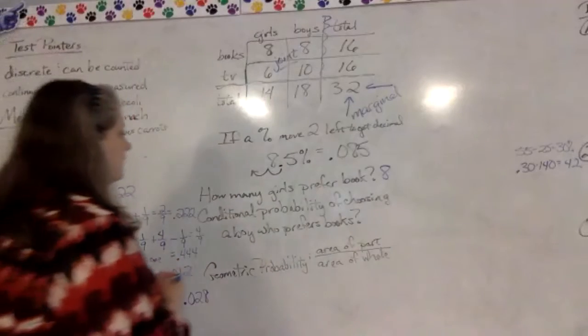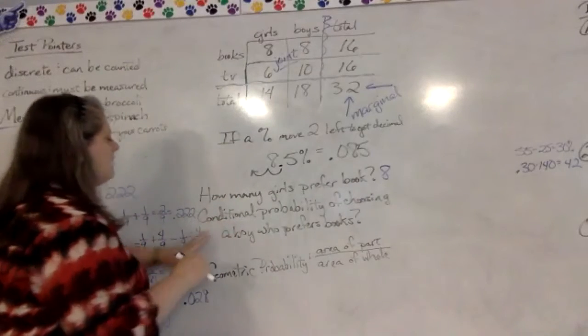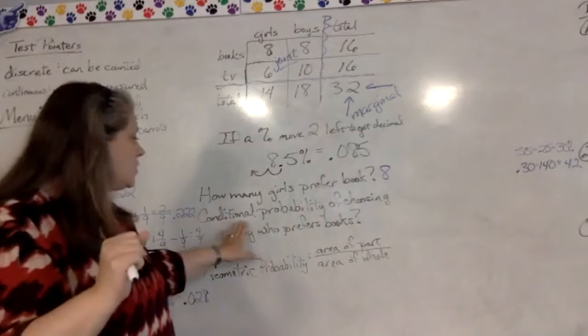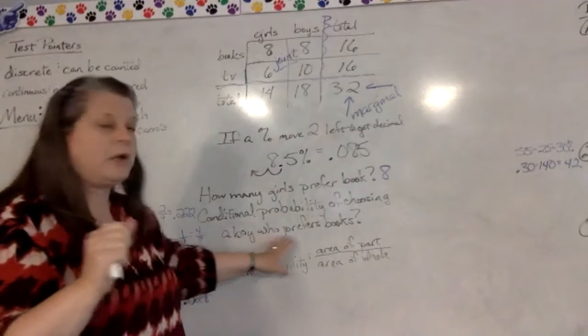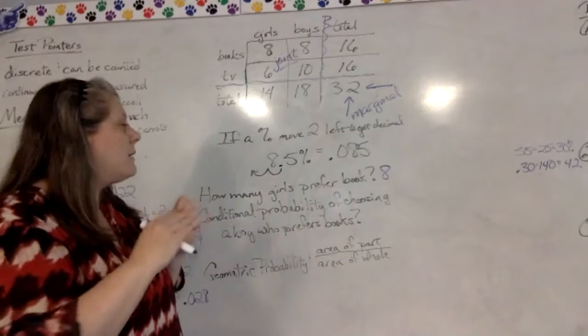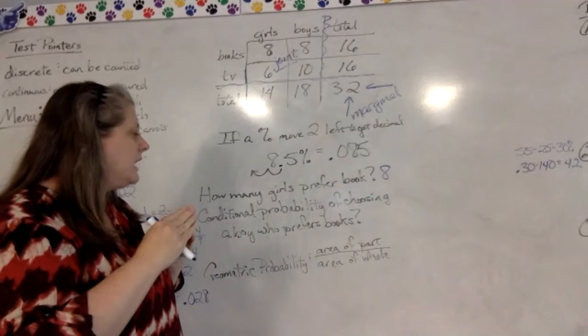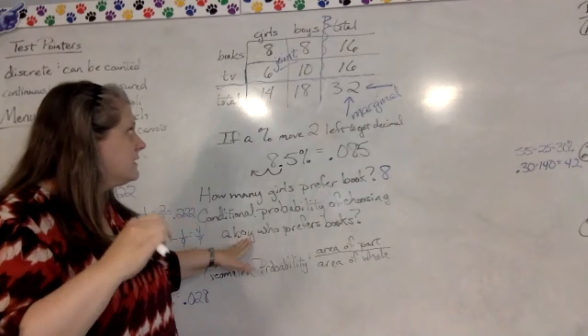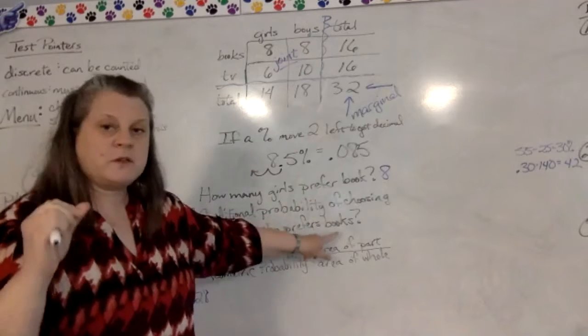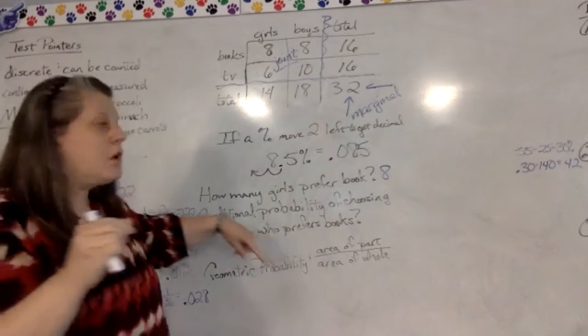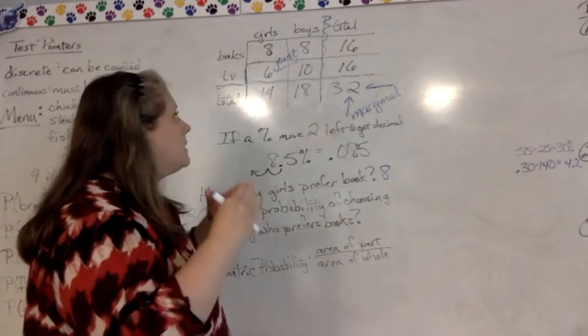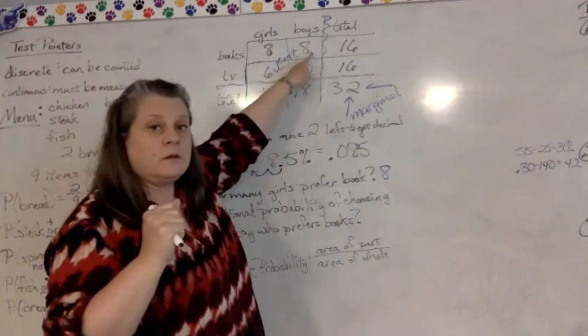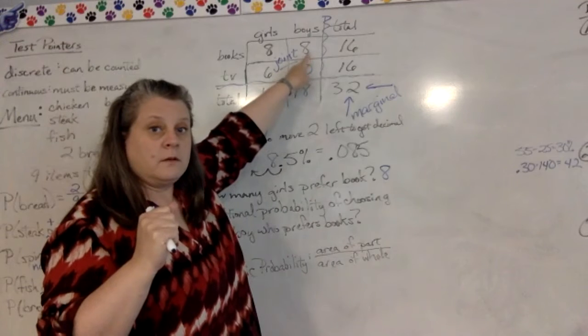Okay, now, another thing. If I want to know the conditional probability of choosing a boy who prefers books. So I'm saying, what is my probability out of all the boys that I will choose one that prefers books over TV? So you got to look, how many boys preferred books? 8.